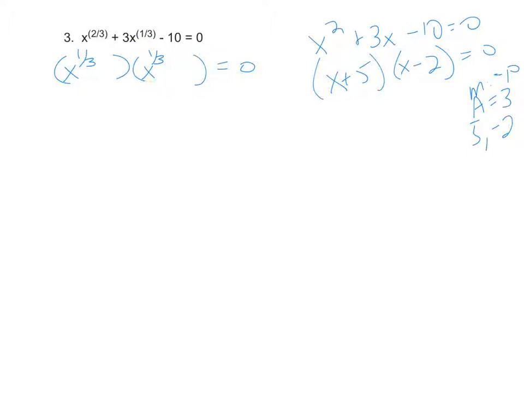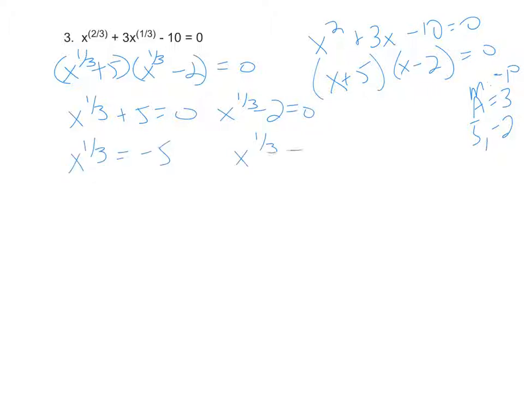Just make sure when I multiply those, I get what I have here. So I still use the same plus 5 and minus 2. What I'm going to have is x to the 1/3 plus 5 equals 0, and x to the 1/3 minus 2 equals 0. So I get x to the 1/3 equals negative 5, and x to the 1/3 equals 2.